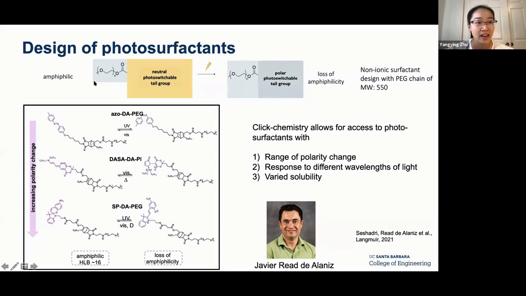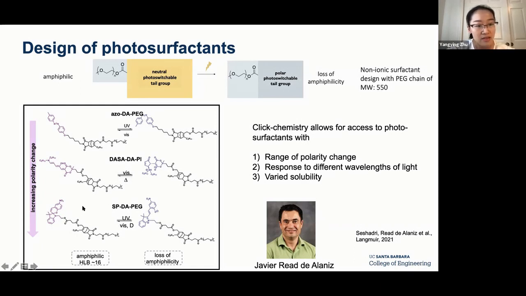For example, it can be amphiphilic in the beginning, and when you shine light on, it can lose its amphiphilicity. So you can imagine the surfactant switching from a more hydrophobic surfactant to a more hydrophilic surfactant. And so they selected by looking at a lot of different types of surfactant.